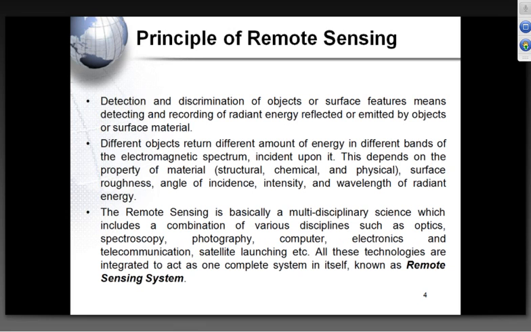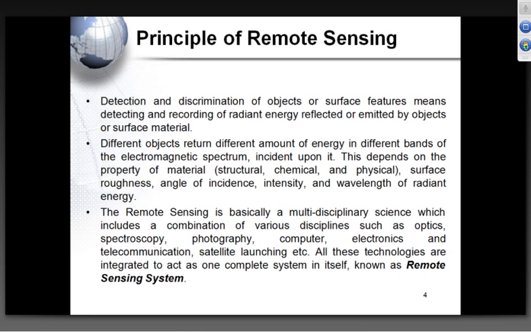So basically, remote sensing is not only a single system, it comprises many various systems in itself. That is why it is a multidisciplinary science. Because as you are taking the data, that is remotely sensed data, it is not only one system involved in it.